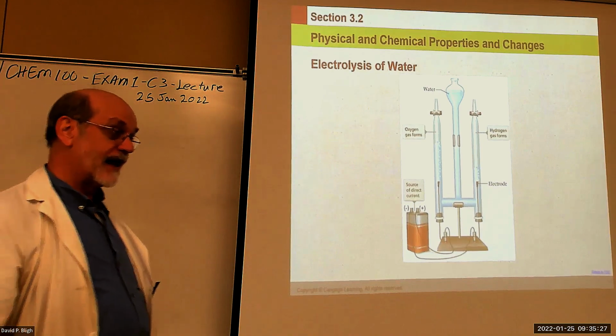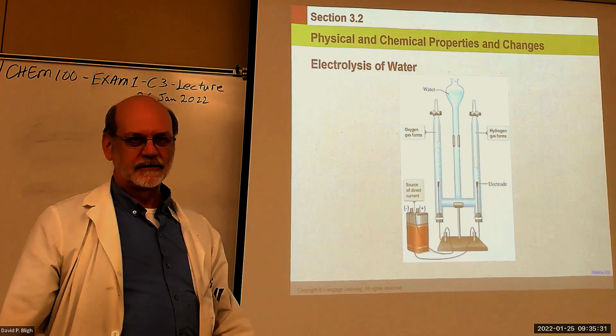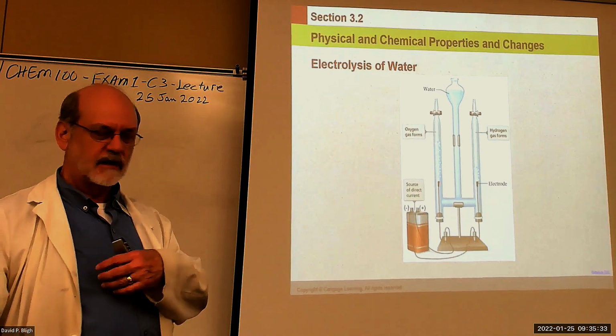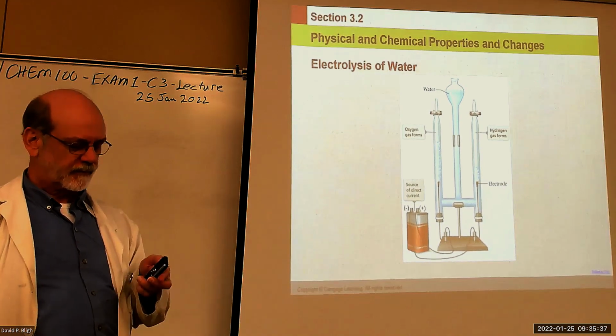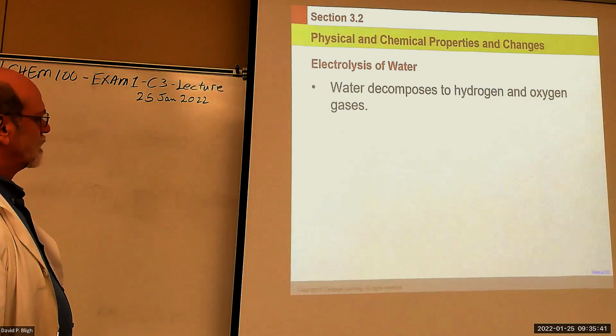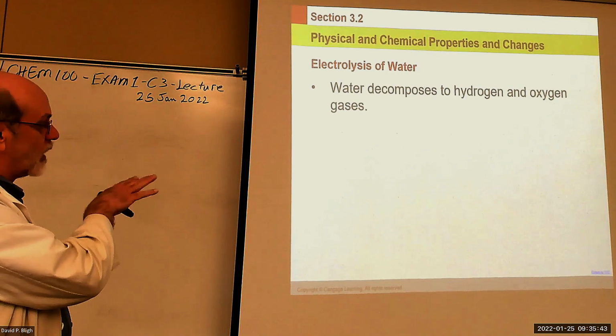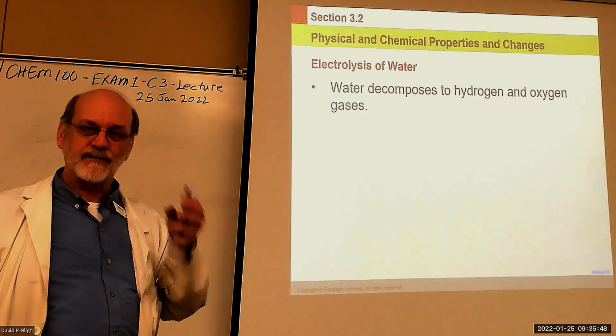And right now, the best source is nuclear power because it produces no gaseous byproducts at all, only waste heat. Okay. So we're decomposing water into these two substances. They change their identities. That's a chemical change.